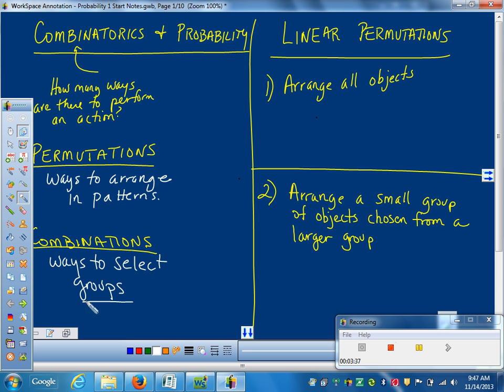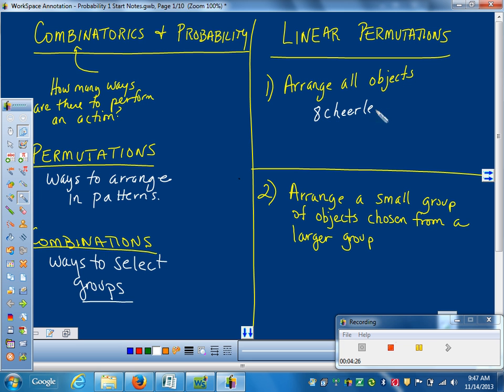And I have 4 rules here. Hint, these rules, I think, are on the back top of your journal. What's the formula? 4 rules for calculating. So, if you want to just arrange all the objects, you have 8 cheerleaders.